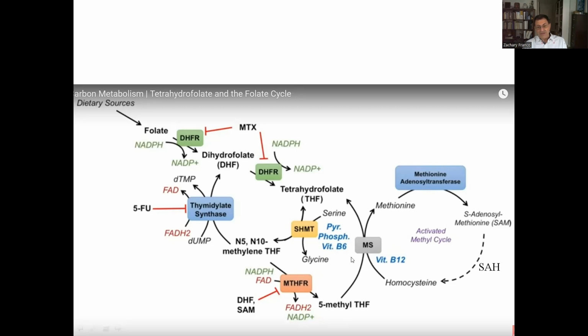And then if you look at the right-hand side of this diagram, which we haven't really looked at yet, this will then push this reaction in this direction where this arrow is, and it'll turn the methyl tetrahydrofolate back to tetrahydrofolate. So we have that again. But while it's doing that, it turns homocysteine into methionine, and that uses vitamin B12. So there are 2 reactions in the body where vitamin B12 is used, and this is one of them.